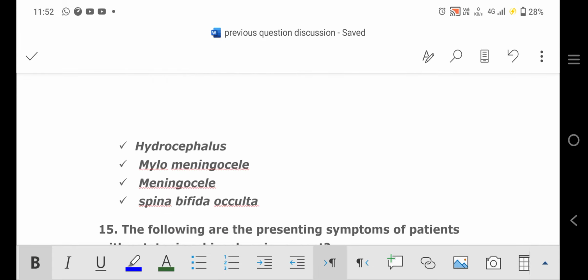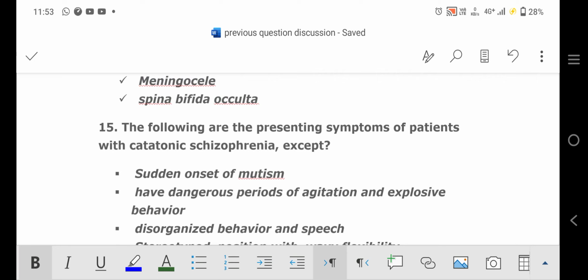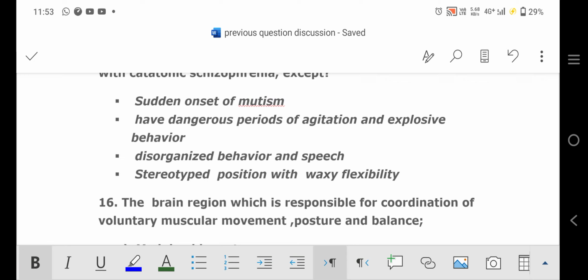Next question. The following are the presenting symptoms of patients with catatonic schizophrenia except. Options: sudden onset of mutism, dangerous periods of agitation and explosive behavior, disorganized behavior and speech, stereotyped position with waxy flexibility.